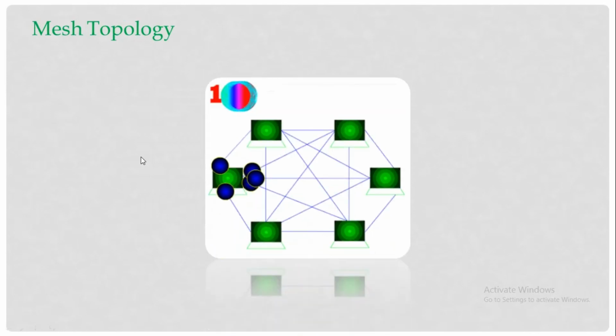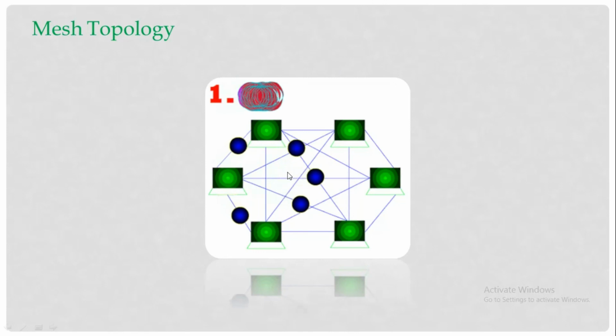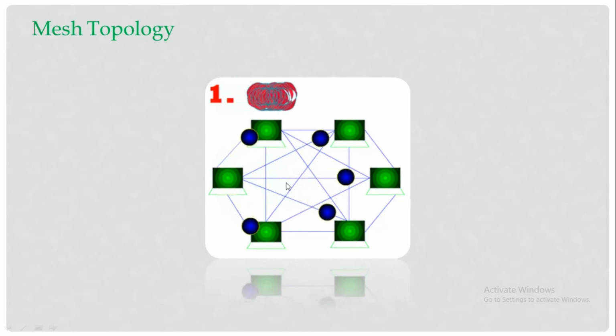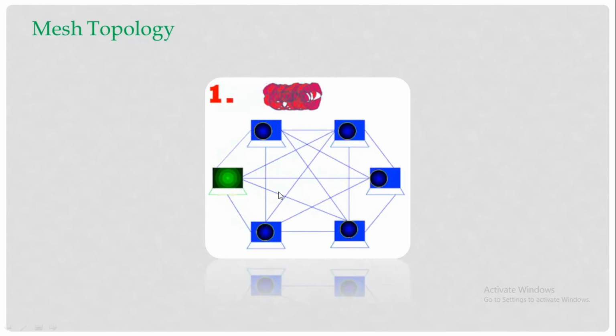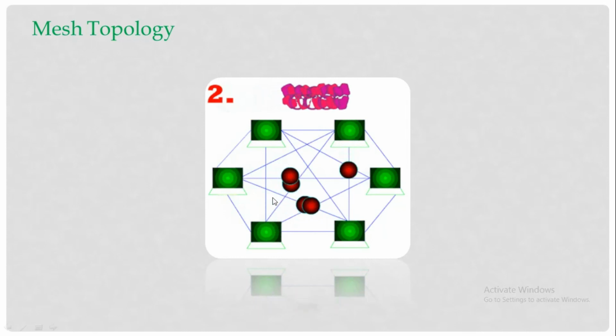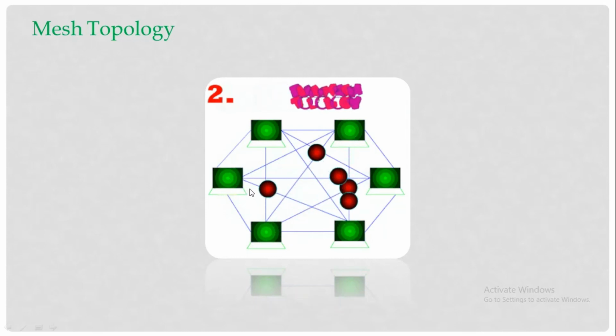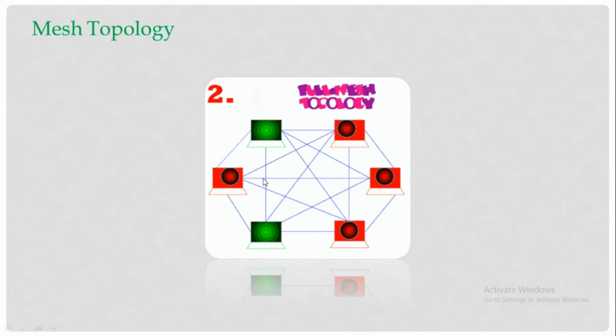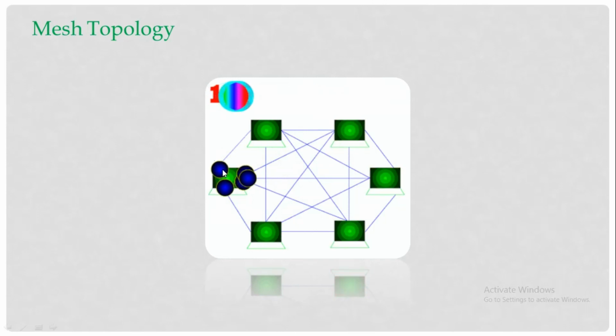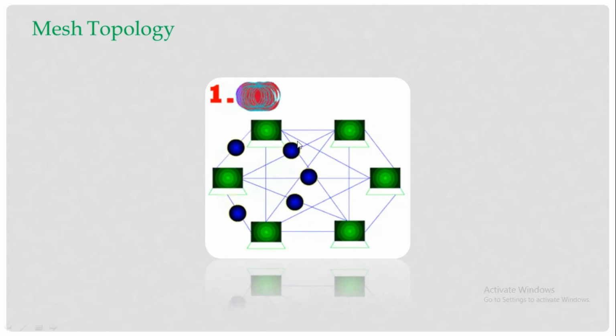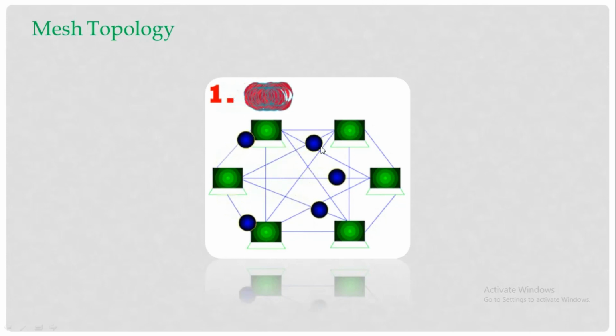Next is a mesh topology. In a mesh topology, it is somewhat similar to your point-to-point topology, but here the mesh topology can be divided into two parts, that is partially mesh or full mesh. Okay, first let us see a full mesh topology. In a full mesh topology, each and every individual system should be interconnected with all the other systems that are present in the network.